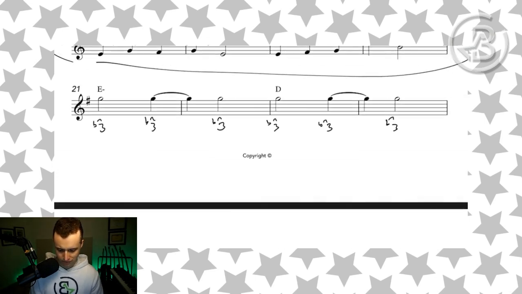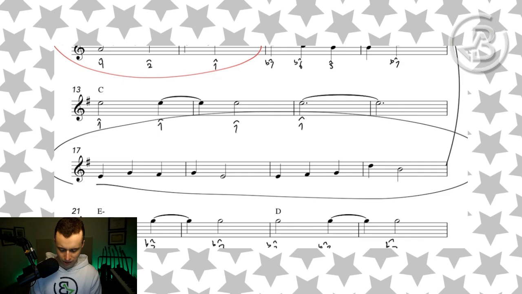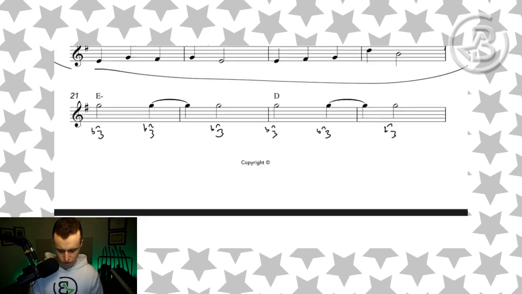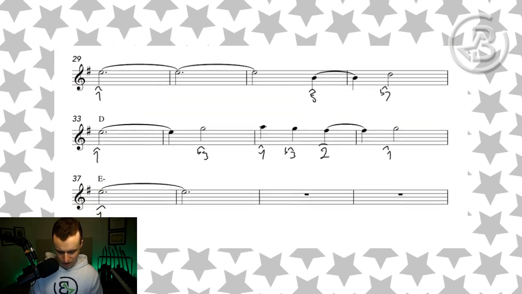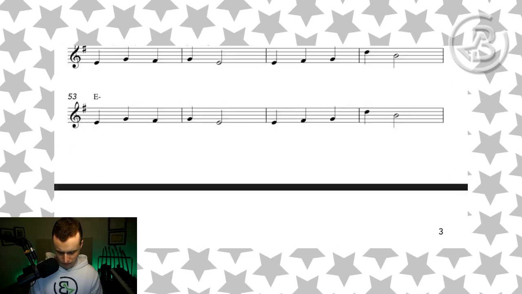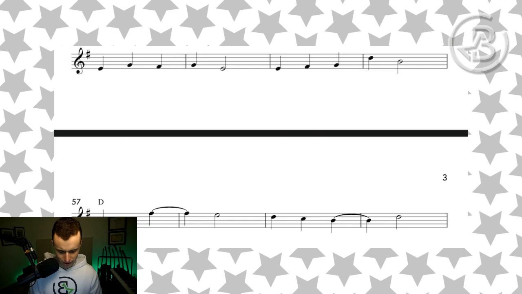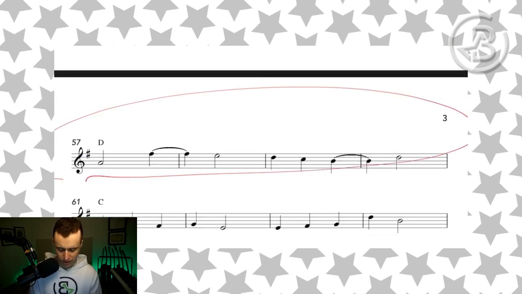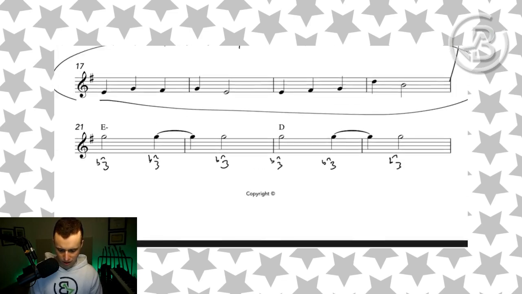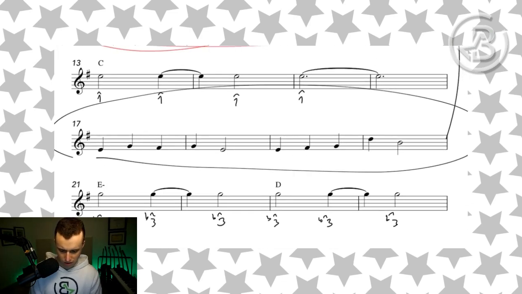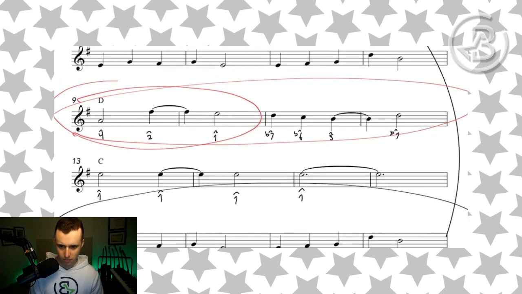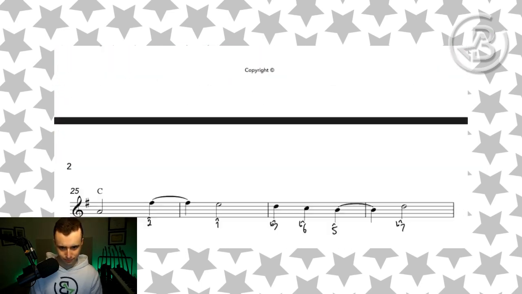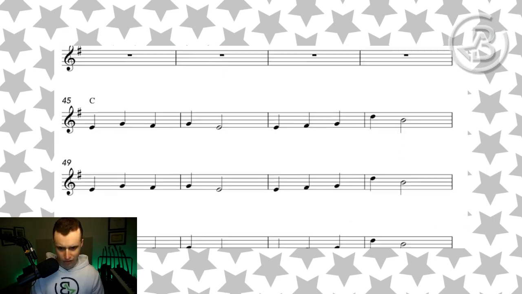And after that, this line right here, sure enough, we have that repeated, I do believe, right here. Yep, that's right. So measure 57, that line is exactly the same as the line of measure 9. Both circled in red there for you.